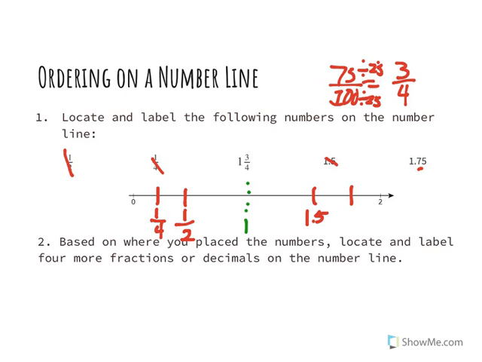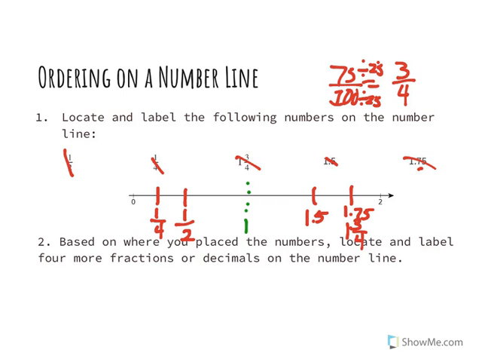And isn't that going to be halfway in between 1.5 and 2? And since we already know that 1 3/4 is the same as 1 and 75 hundredths, we can label both of those. Okay, so that's for question 1. We've now used all of those.